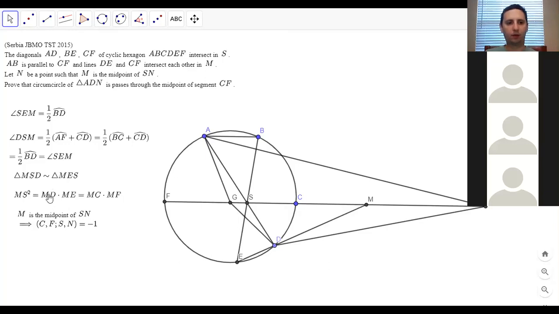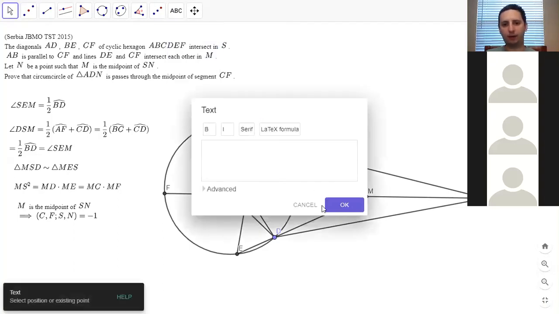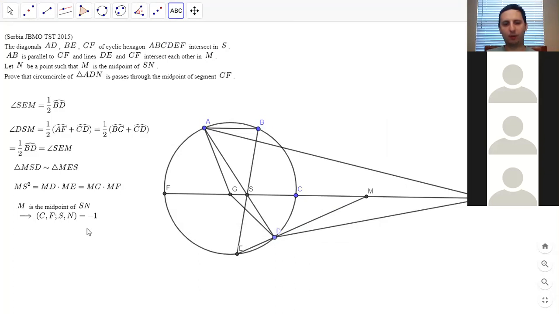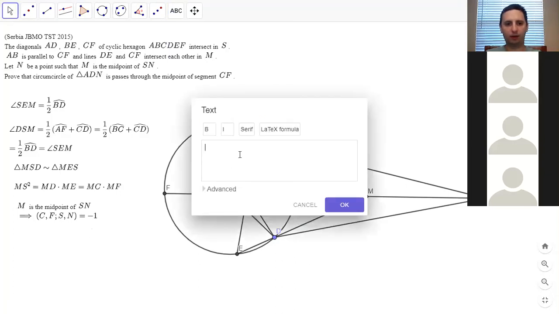So since G is the midpoint of CF, then SG times SN is SC times SF. So that's using that well-known fact, but in a little bit different way.